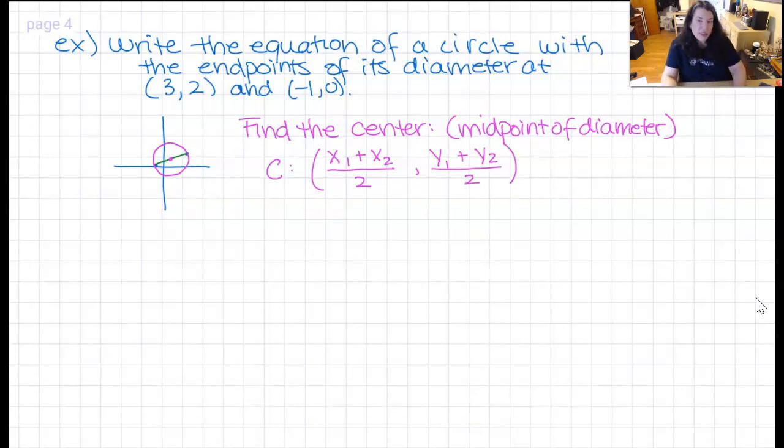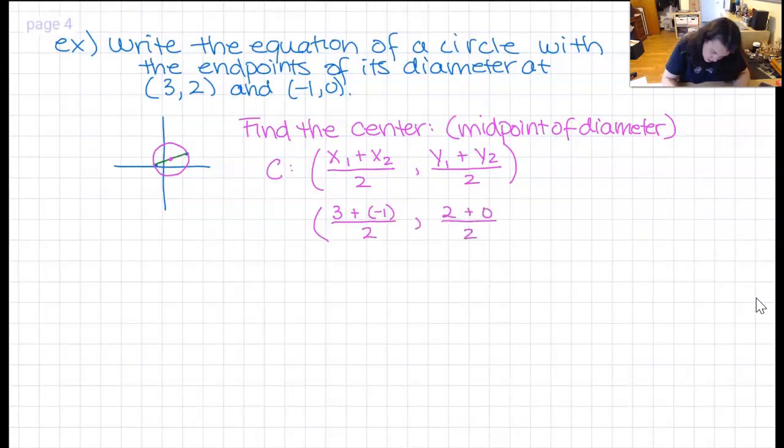Like I said, just the average of the coordinates. So we have 3 plus -1 over 2. There's my x-coordinates. And then 2 plus 0 over 2. Here's my y-coordinates. And on both of them, it looks like I'm going to get (1, 1). Which on my very quick sketch looks reasonable, so I'll go with that.